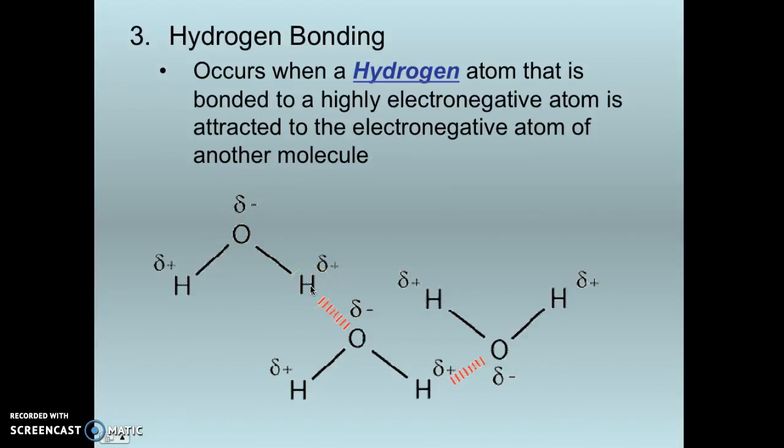Now, if you have other water molecules in that general vicinity, the partial positive charge on the hydrogen gets attracted to the partial negative charge on another water molecule, specifically on the oxygen. And then one of their hydrogens can be attracted to another oxygen atom that has a partial negative charge.